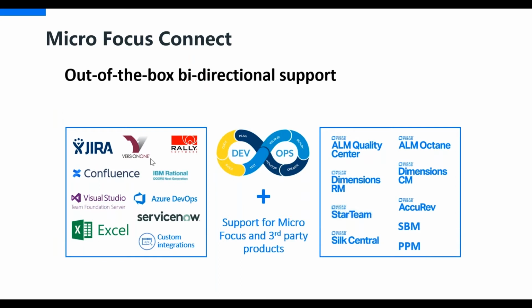As this diagram shows, it can integrate with Micro Focus products like ALM Quality Center, ALM Octane, PPM, and so on and so forth. And also the third-party tools like Atlassian Jira, Rally, ServiceNow, and Excel. And you can set up the integration in bidirectional if you need.